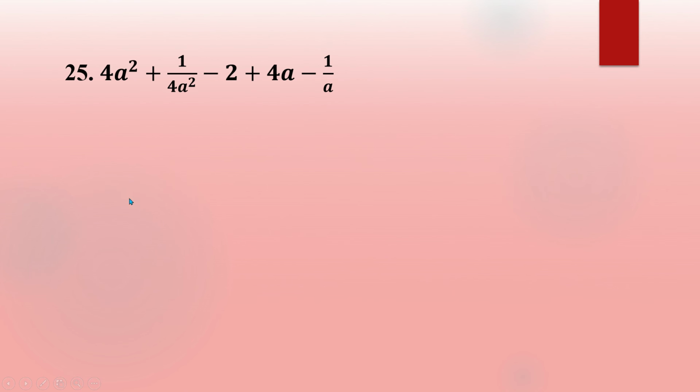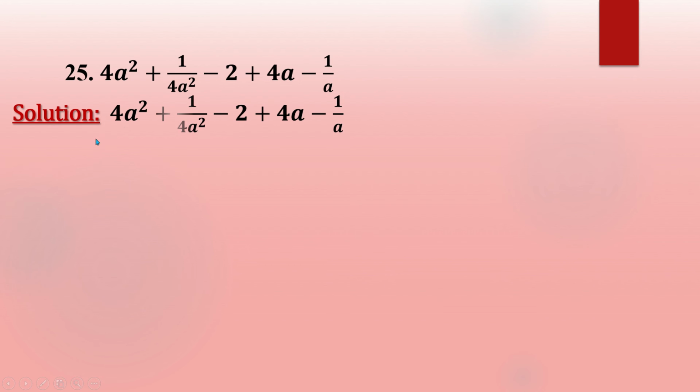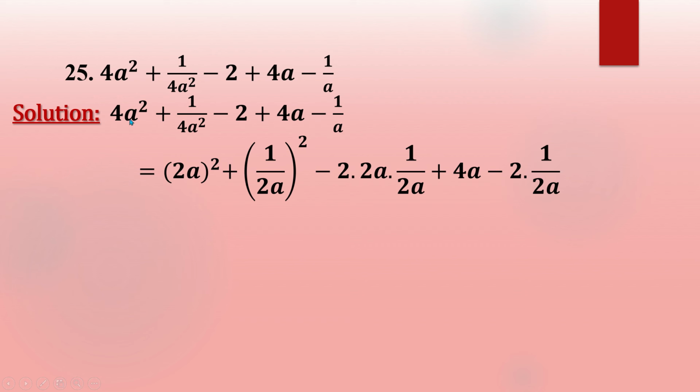Now number 25: 4a square plus 1 by 4a square minus 2 plus 4a minus 1 by a. Solution: this is the given condition. This equals, we can write 2a whole square plus 1 by 2a whole square.